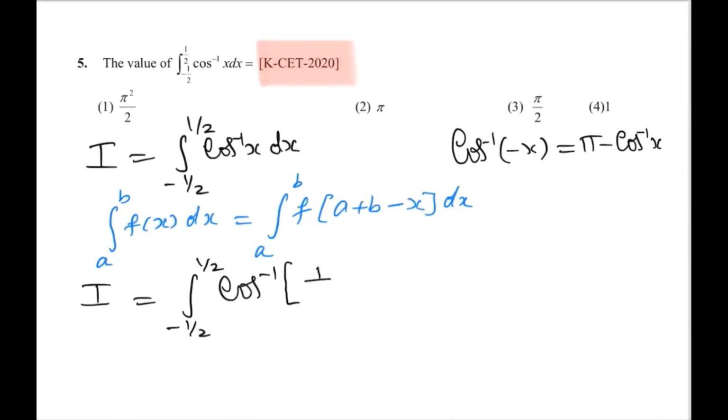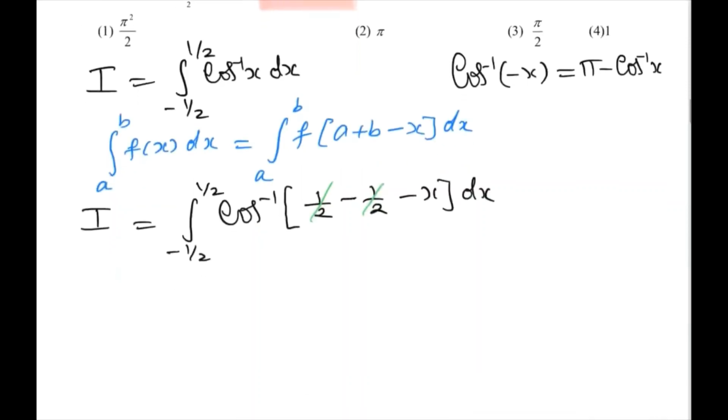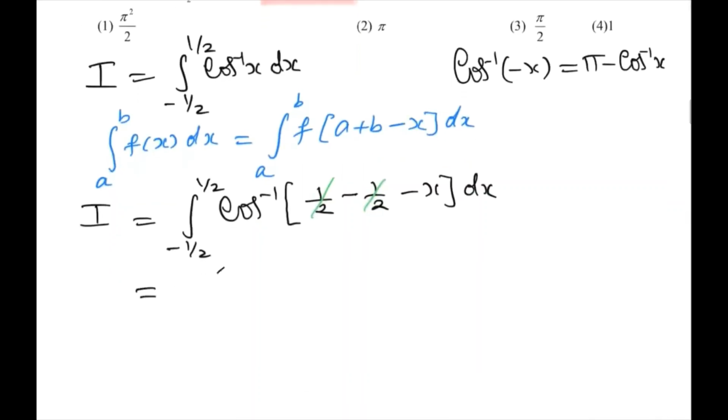Upper limit plus lower limit is minus 1 by 2 plus 1 by 2, which cancel, so minus x dx. Cos inverse of minus x is pi minus cos inverse of x dx.